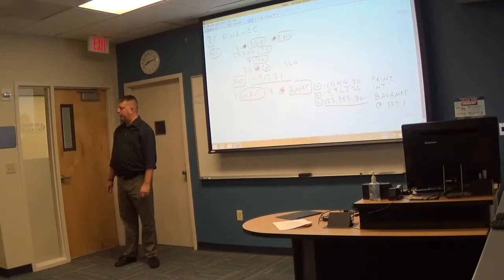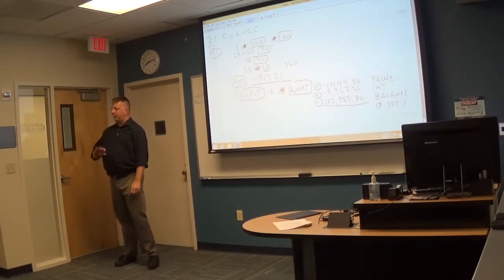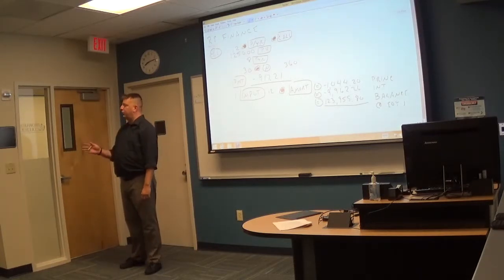Correct. If it was in a different period, or if it was one payment per year, then it's just 1, 2, 3, 4, but most mortgages are going to be set up obviously on a monthly basis.